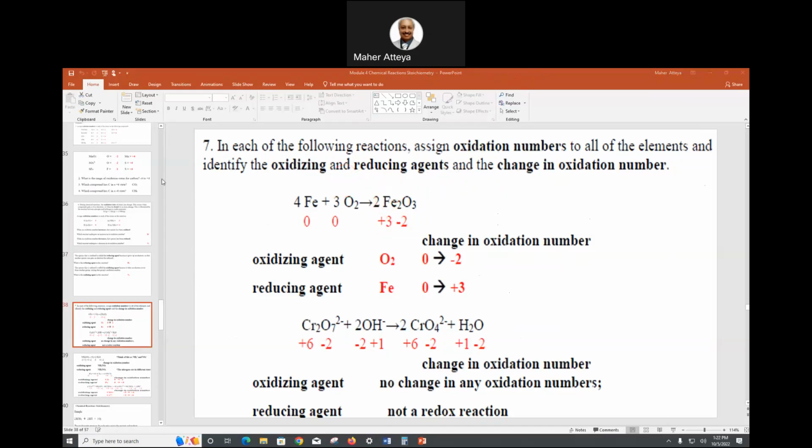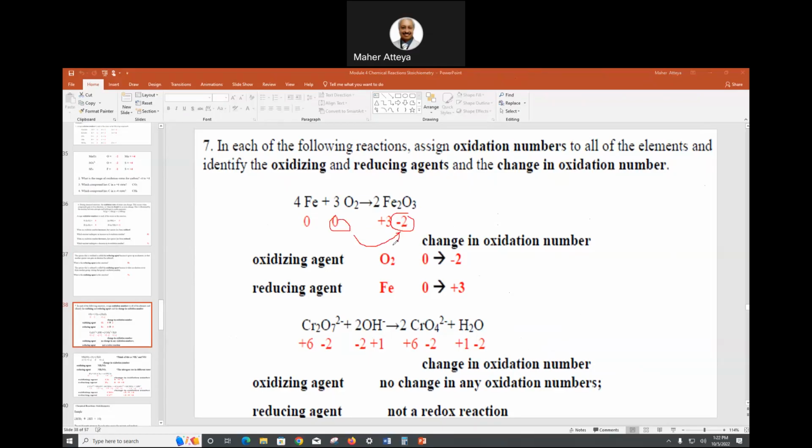So let's look at this now. Tell me which is going, although the answer is here, but we want to know. Oxygen goes from 0 to minus 2. Is this reduction or oxidation? Here from 0, guys, come on. Reduction, that's minus.